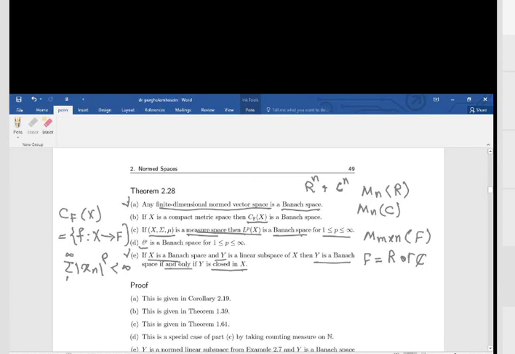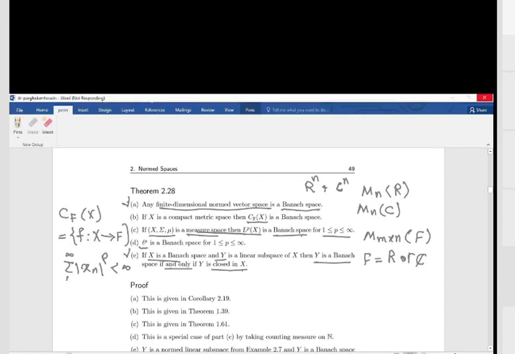Other examples of Banach spaces are, for example, C(X) and L^p(X) for p from 1 to infinity, when (X, sigma, mu) is a measure space. Capital L^p means the measurable functions from X to C such that the integral of the absolute value of f to the power p is finite.